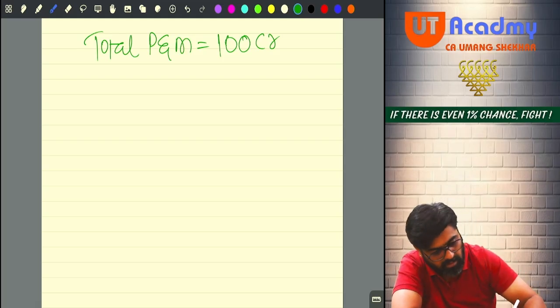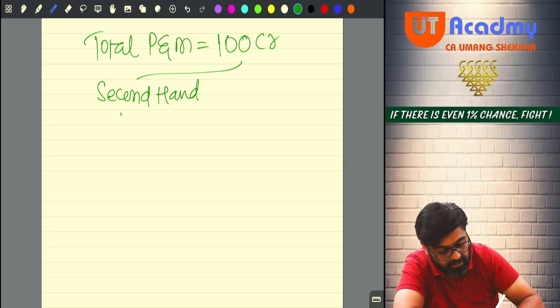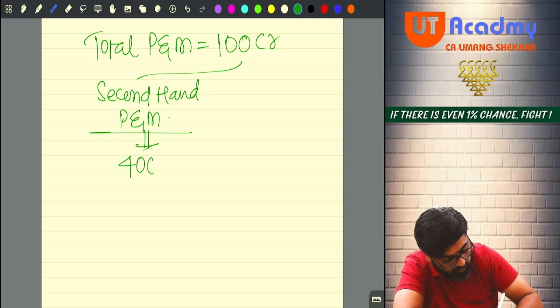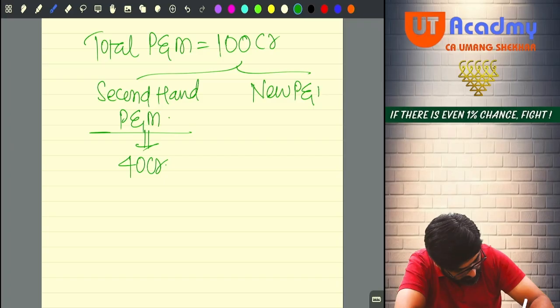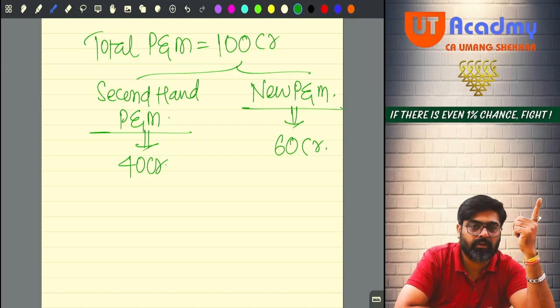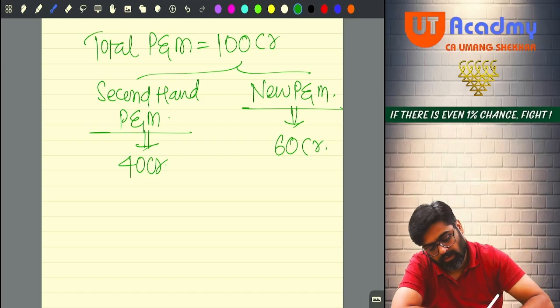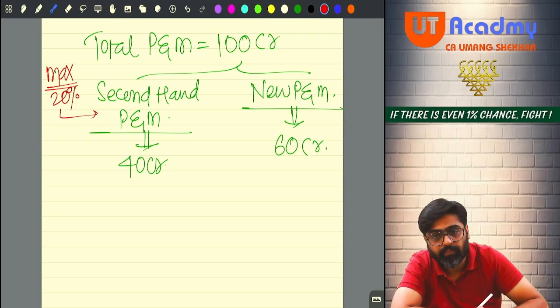So, out of this, second hand plant and machinery was 40 crores. That means the new plant and machinery was 60 crores. Out of the total investment in the plant and machinery, what is the maximum limit on second hand? Maximum 20% second hand can be there.